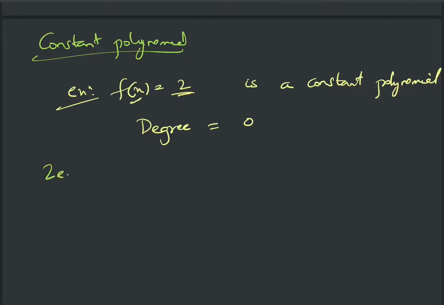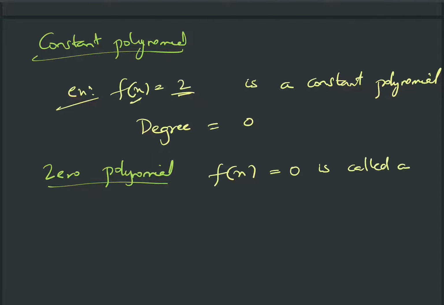Now what is zero polynomial? See, if the constant is 0 in a constant polynomial, then it is called zero polynomial. That is, f of x is equals to 0 is called a zero polynomial. So degree of this polynomial is actually not defined.